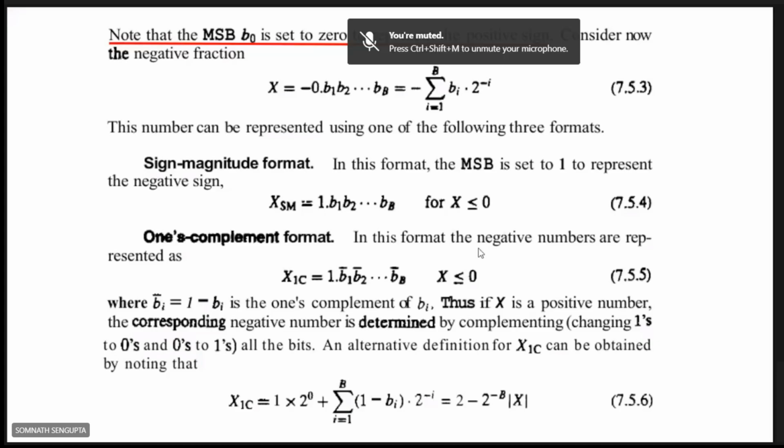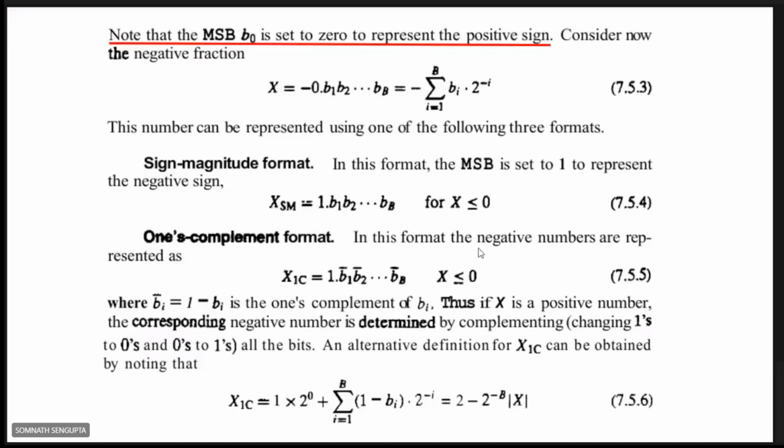Like if you want to represent minus 0.11, you just invert all the bits.